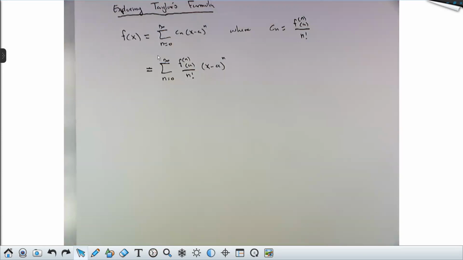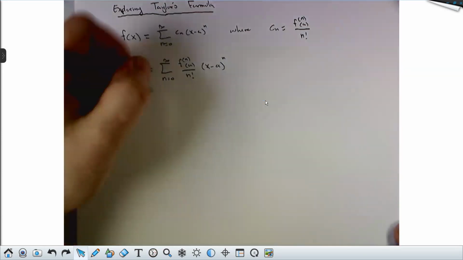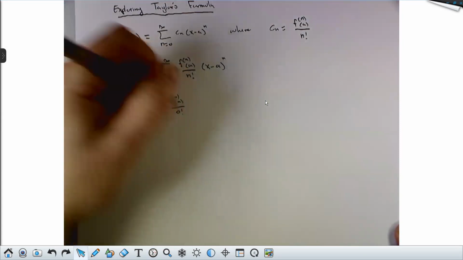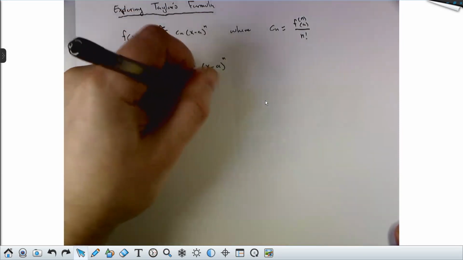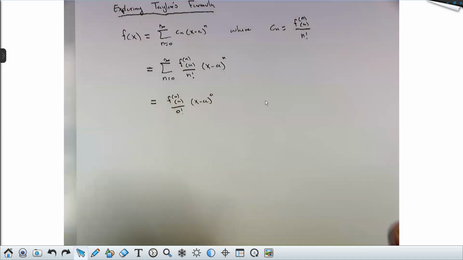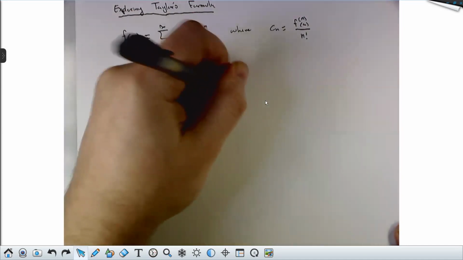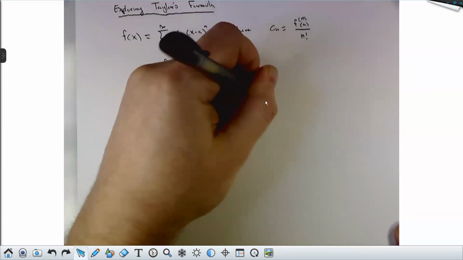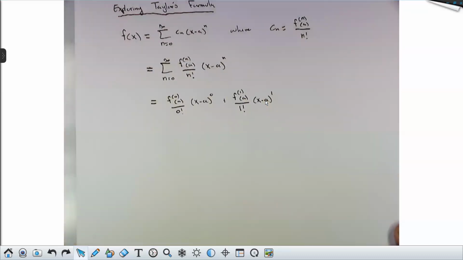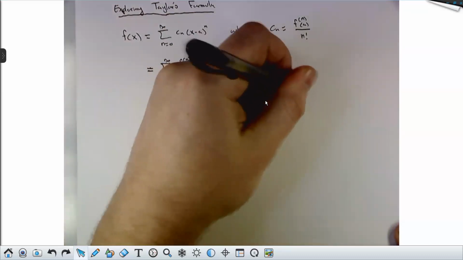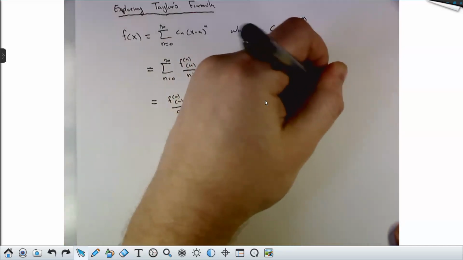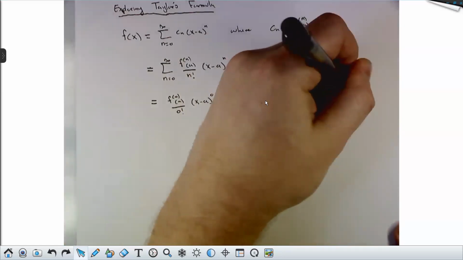And what I'm going to do now is just write out the terms of this series. This is f^(0) of a over 0 factorial times (x minus a) to the 0, plus f^(1) of a over 1 factorial times (x minus a) to the 1, plus f^(2) of a over 2 factorial times (x minus a) squared, plus and so on.